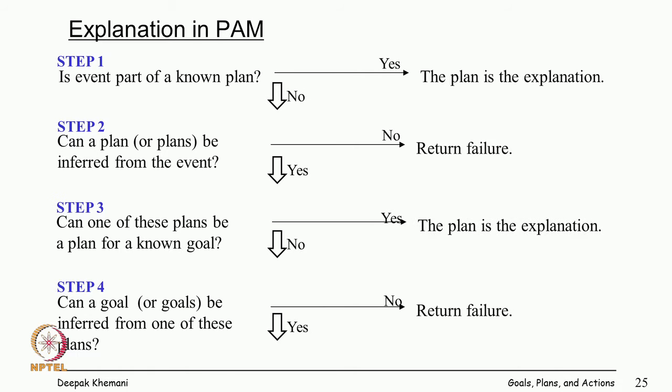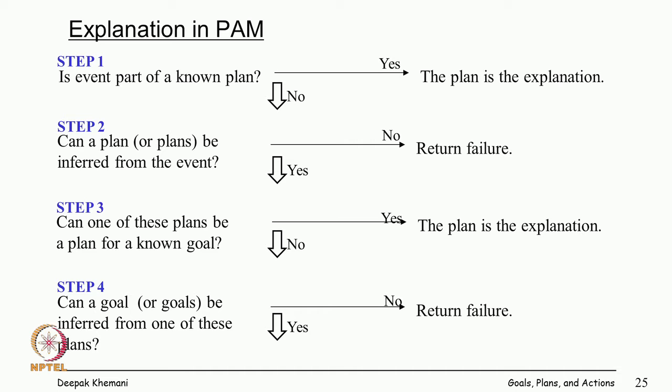So, let me just speed it up a bit. If it is not part of a known plan, can you infer a plan or plans from the event? If you cannot infer, then you return failure. If you can infer those plans, is one of those plans part of a known goal, in which case the plan is the explanation for the event and that goal is the explanation for the plan.